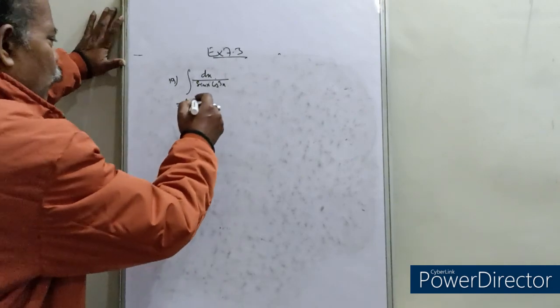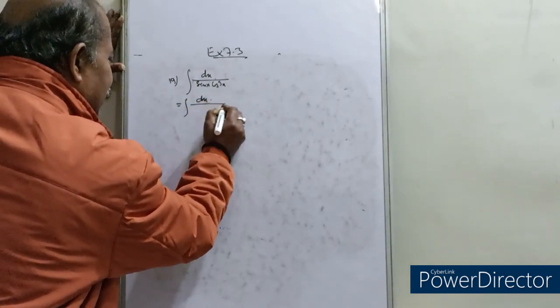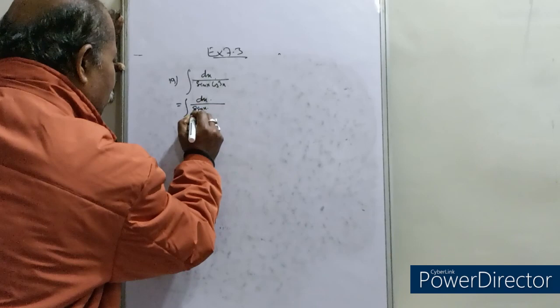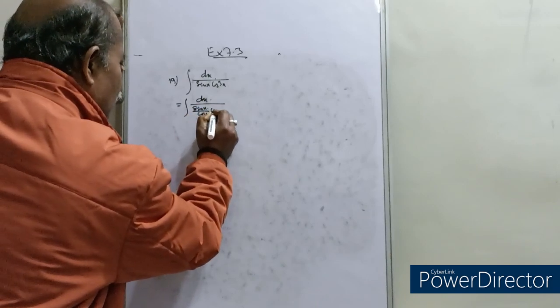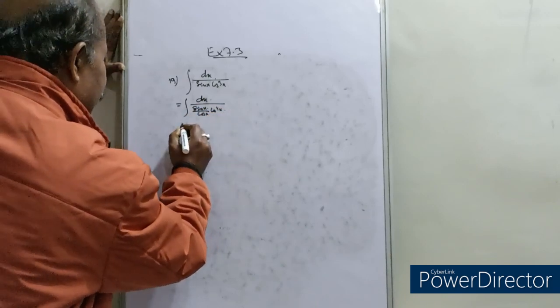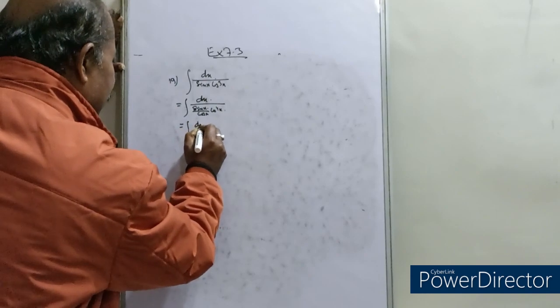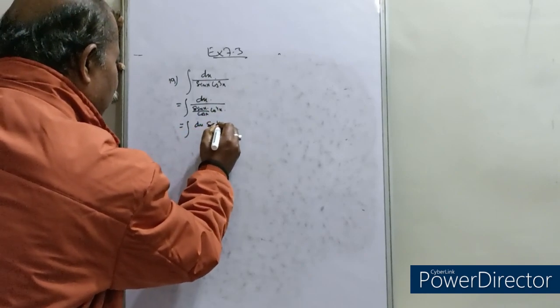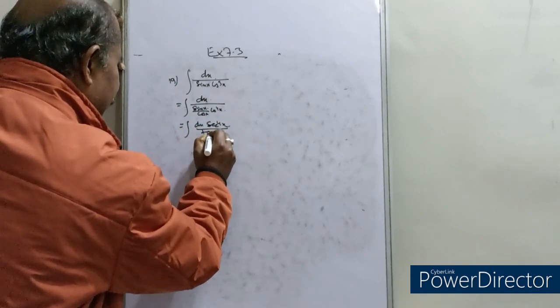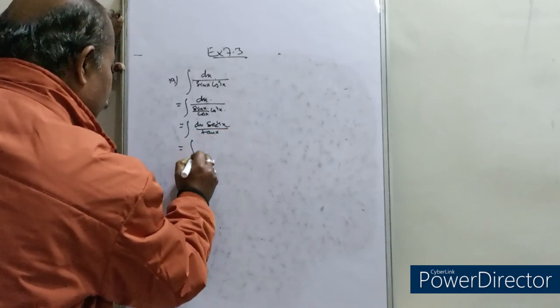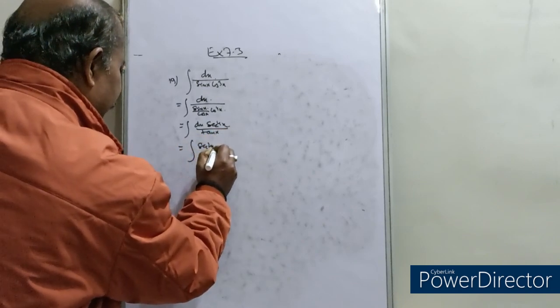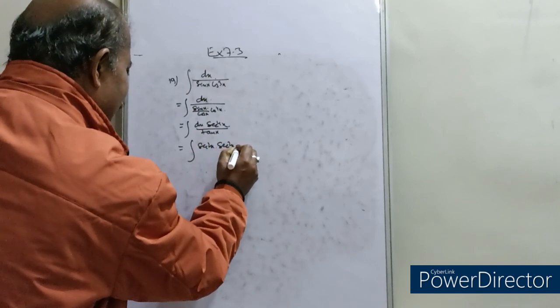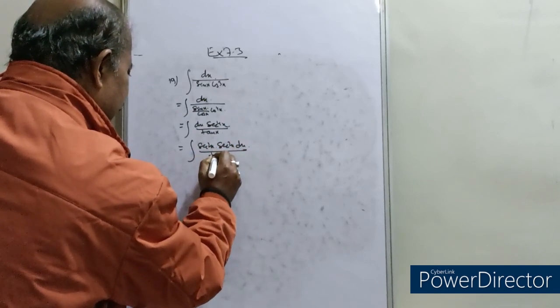So here what I am going to do is sin x by cos x into cos 4x dx, this is equal to sec 4x by tan x. So again this will be equal to sec square x into sec square x dx by tan x.